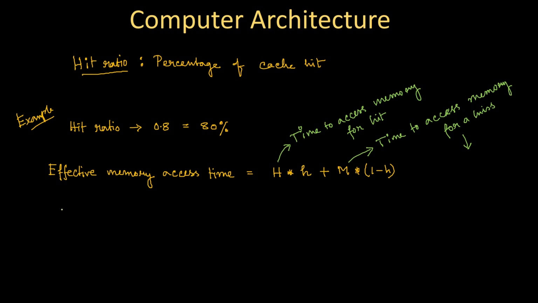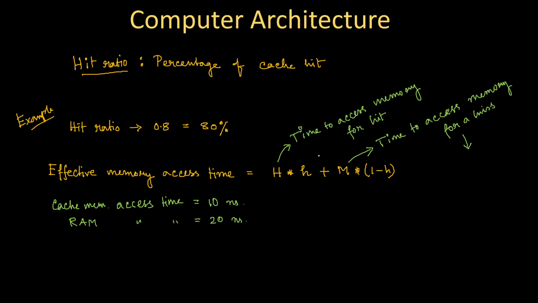So if I assume for the time being that the cache memory access time is, say, 10 nanosecond, and similarly RAM access time is 20 nanosecond.